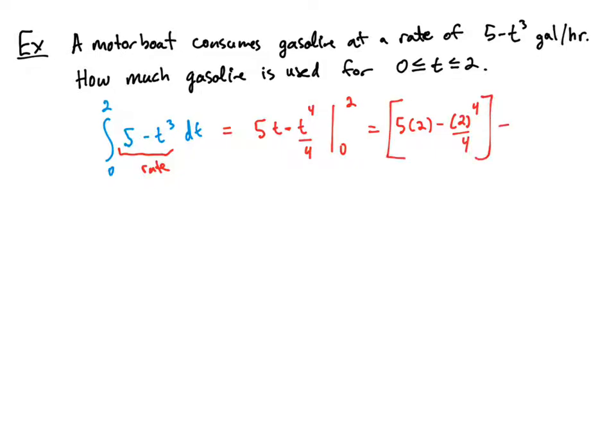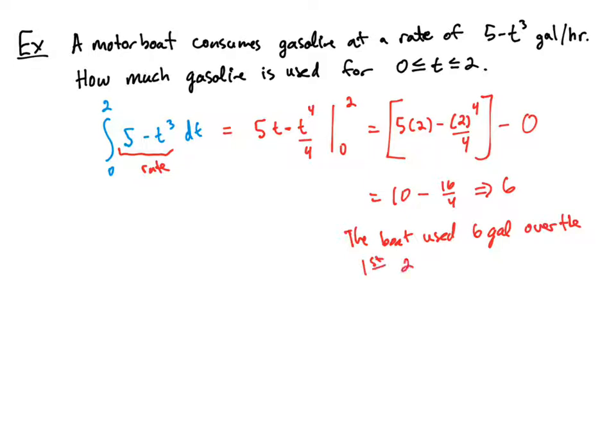Then we're going to subtract, well, when I input 0, that's just going to be 0 here. So we end up with 10 minus 16 over 4, which is 10 minus 4, so we end up with 6. So that means the boat used 6 gallons over the first 2 hours.